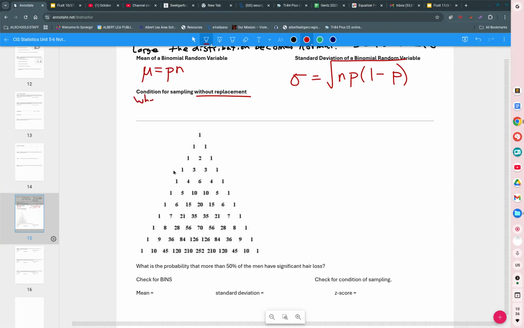When we sample people and other things in the real world, we don't replace them, meaning we don't put them back after selection.